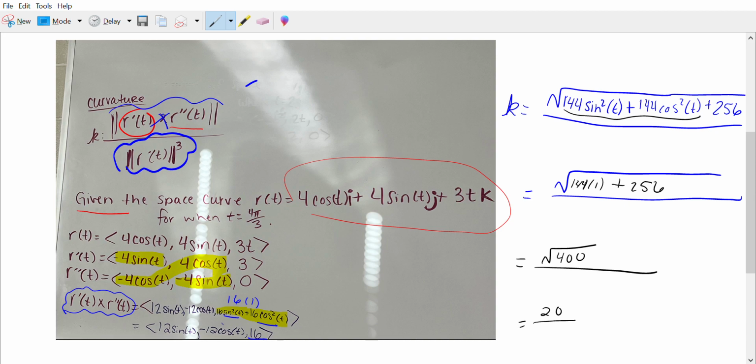Okay, looking here, we want to do the magnitude of the first derivative cubed.